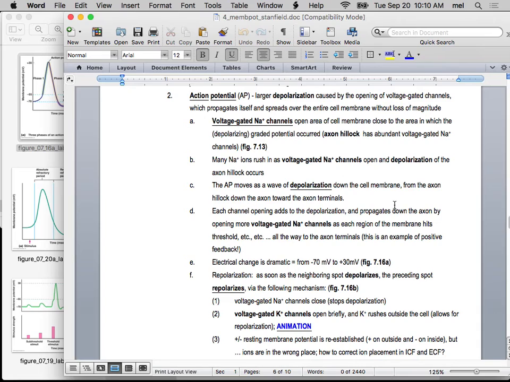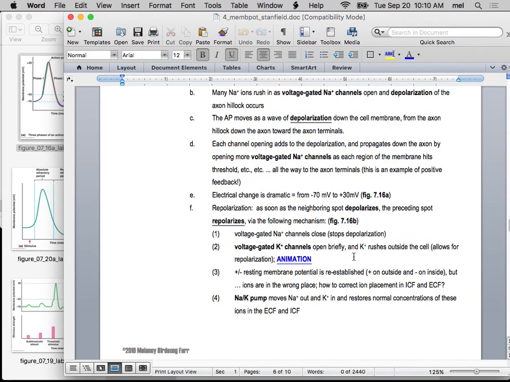Although all action potentials that we've ever found are depolarizing. I don't know why. They could theoretically be hyperpolarizing. I mean, it would work if you got a whole bunch of potassium moving out for an action potential, but we've never found any that are that way. So they're all depolarizing, and it moves as a wave down the axon of the cell.